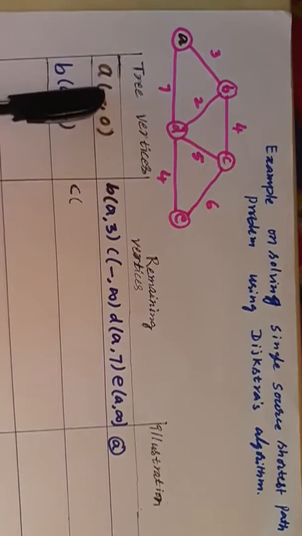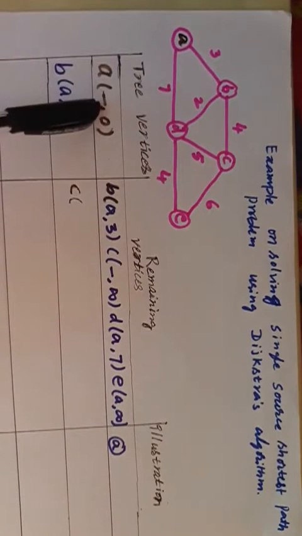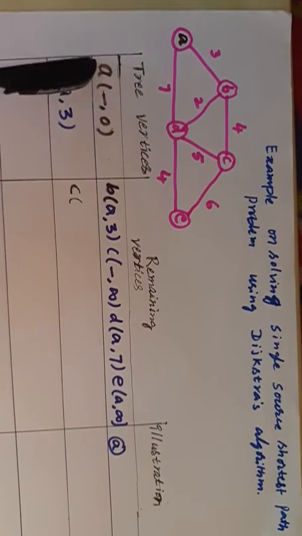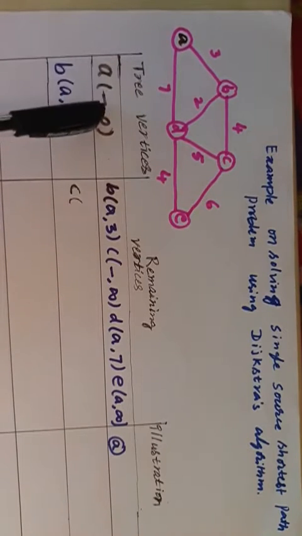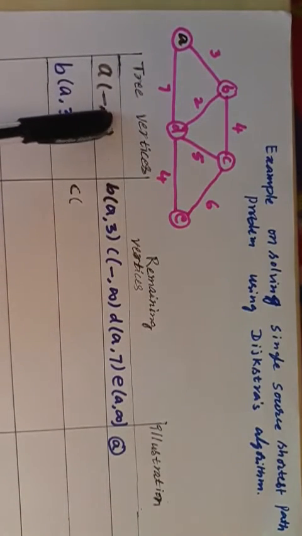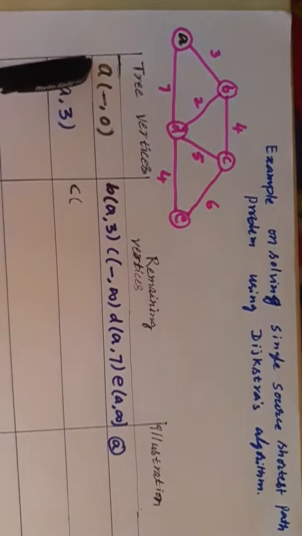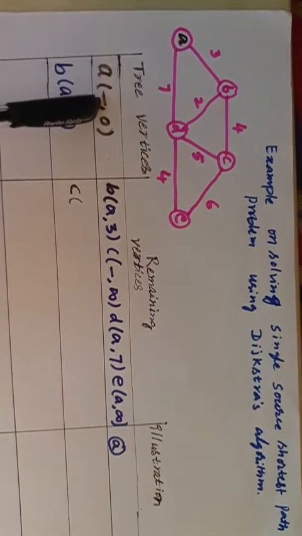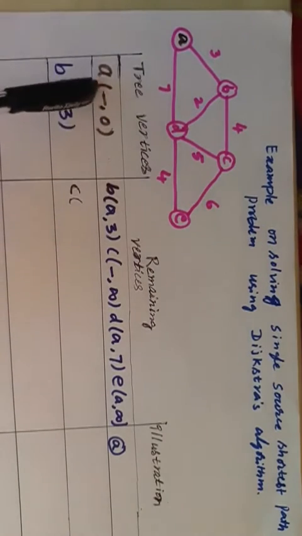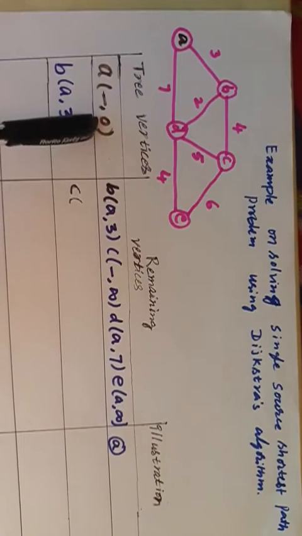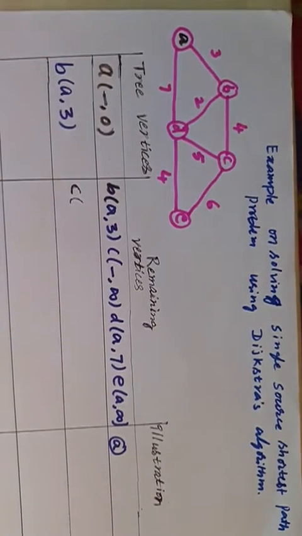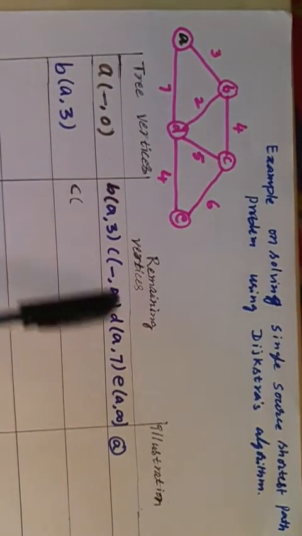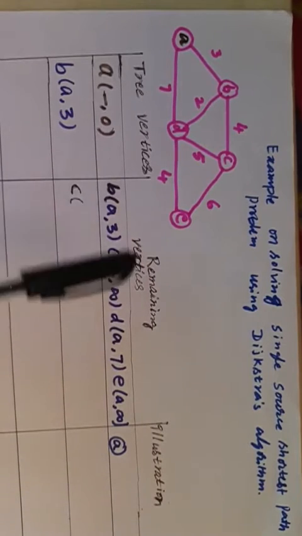The first will tell you which vertex is nearest to the tree vertex, and the second is the cost. Since a is the source vertex, the very first vertex in the tree, the first information is null, and the distance from a to a is 0. Now for the remaining vertices b, c, d, e, calculate the cost.